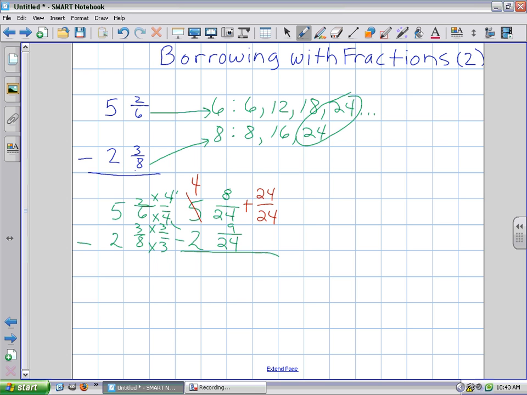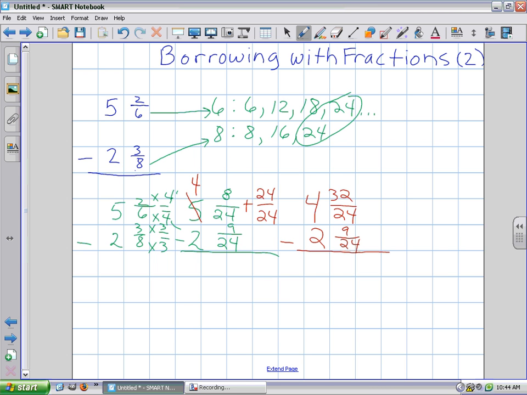So I'm now going to rewrite the problem one more time. I'm going to have 4 and 32/24 minus 2 and 9/24. Once we get to that point, now we can simply do the subtraction problem.